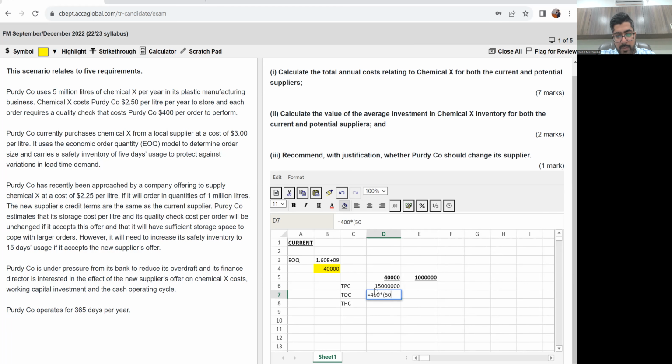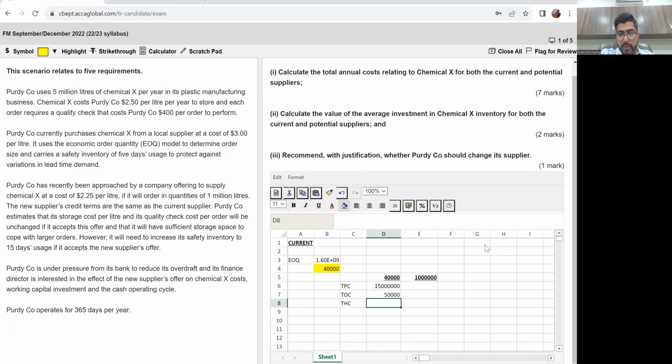The usage and annual demand are the same thing. EOQ is 40,000. And THC is CH times average stock. Average stock is safety or buffer stock plus half EOQ.